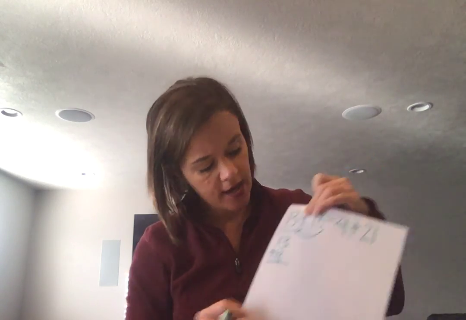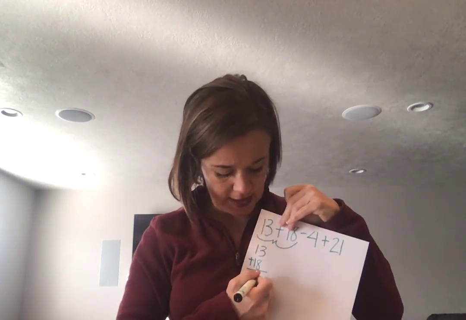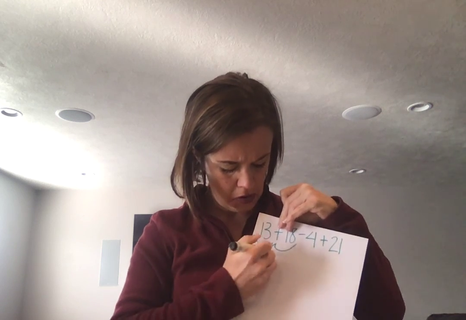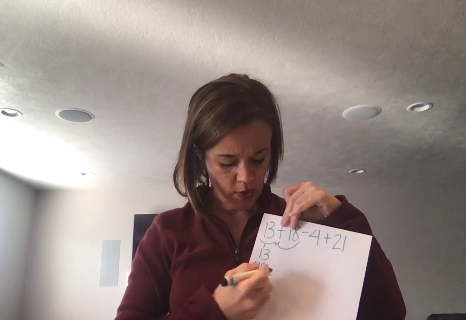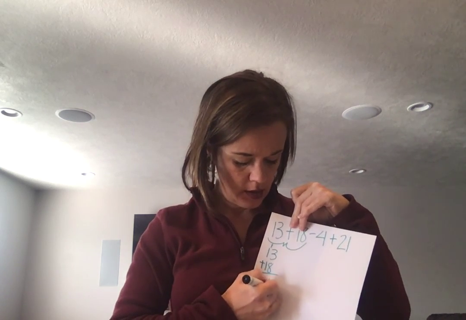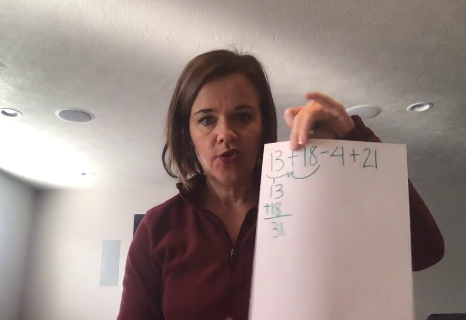So 3 plus 8 is 11. So I'm going to carry my 1 up here. And 1 plus 1 plus 1 is 3. Cool. So now I have 31 minus 4 plus 21.